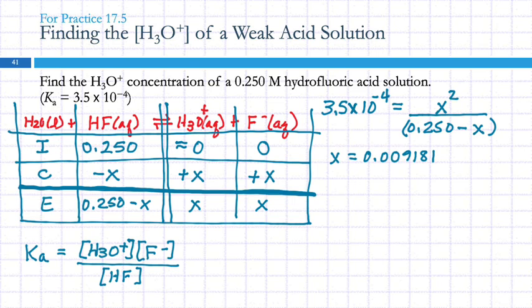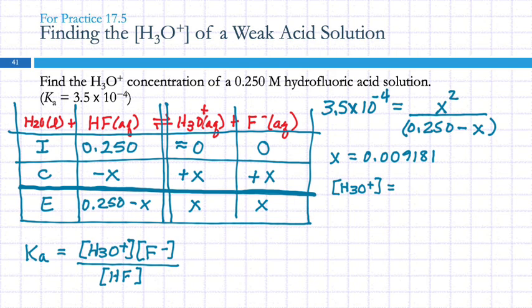So X is the concentration of hydronium, which is what we're trying to find. So the hydronium ion concentration, we can write that in decimal form.